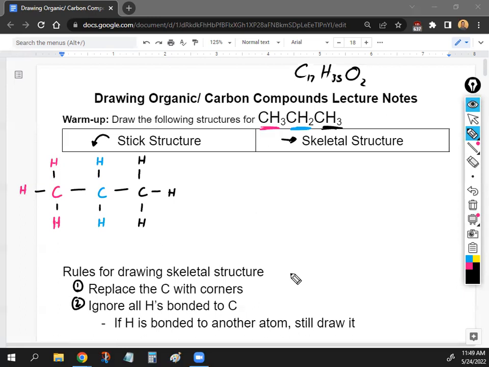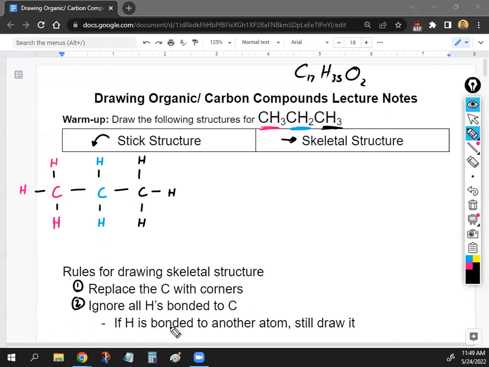Okay, so those are the 2 rules that you're going to have to write down because we'll be referring back to it constantly. The first rule is you want to turn all the carbons into corners. And then the second rule is you want to ignore all the hydrogens that are connected to carbon. So if you see a hydrogen that's connected to carbon, you don't draw that.